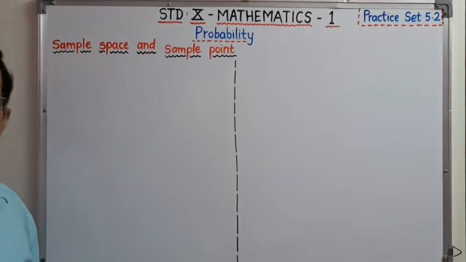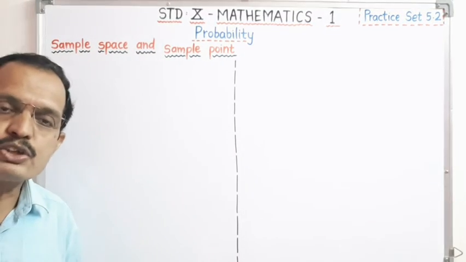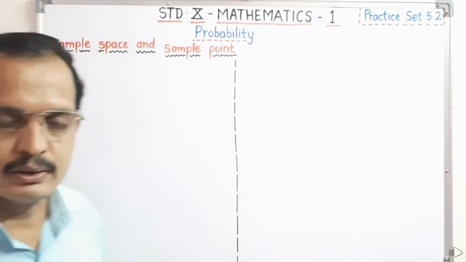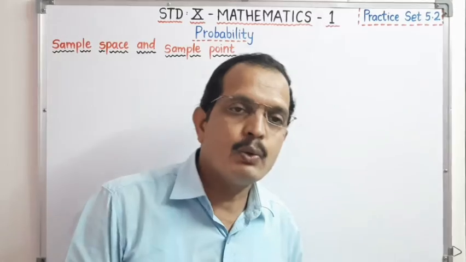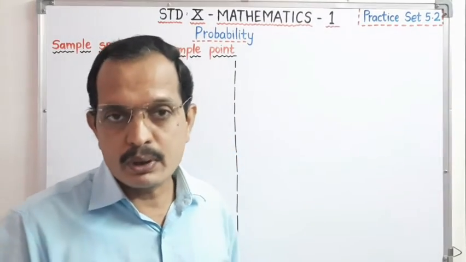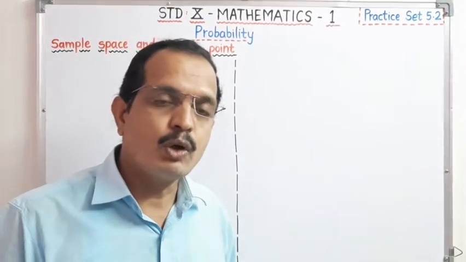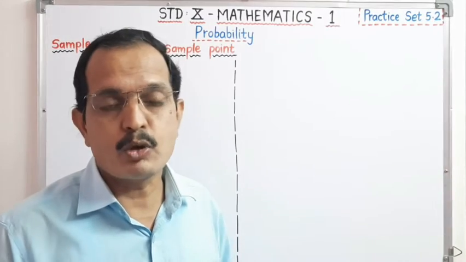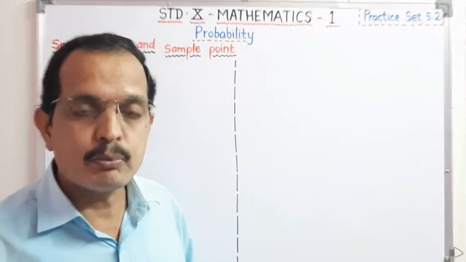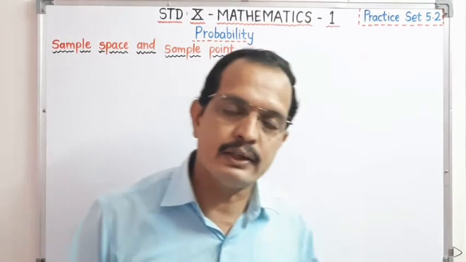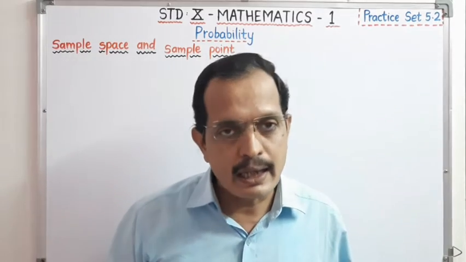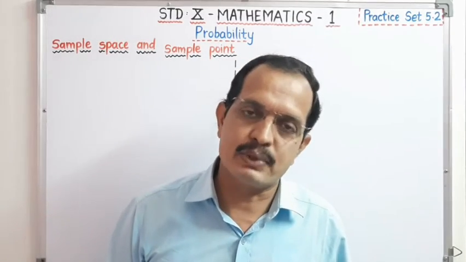Very easy. If we toss a coin, this is one experiment. After tossing a coin, what are the possible results? Those possible results we have to write in a curly bracket. That is called a sample space.